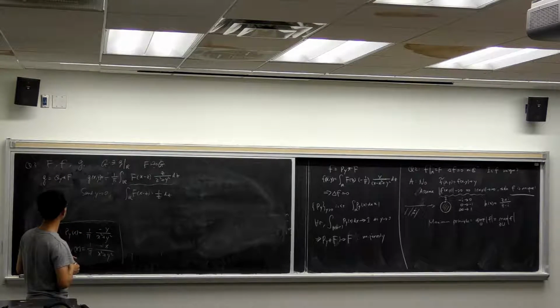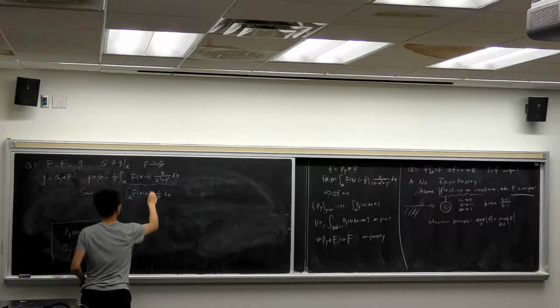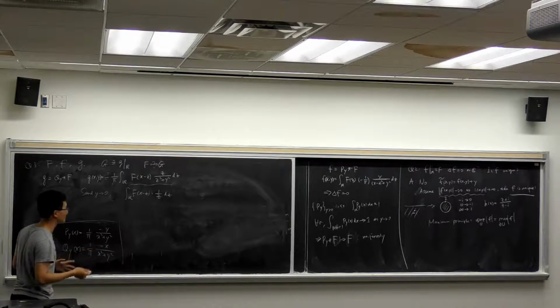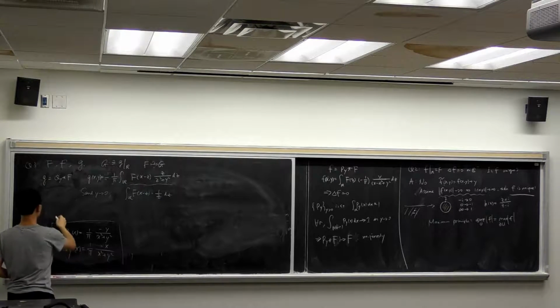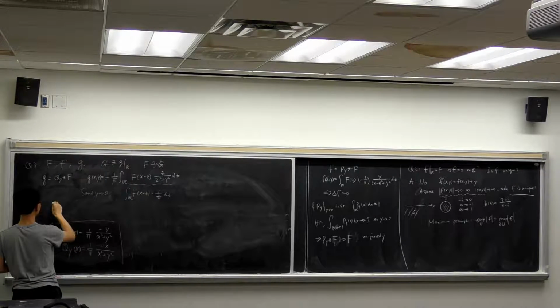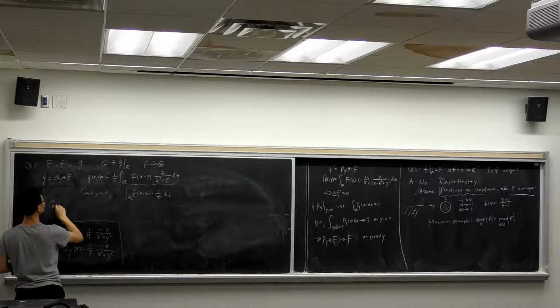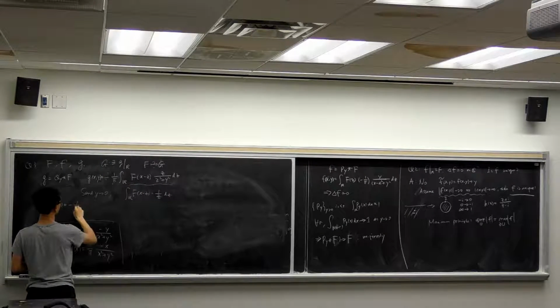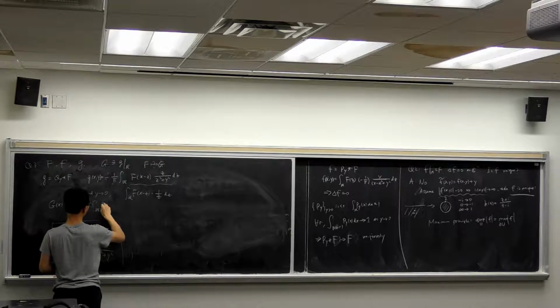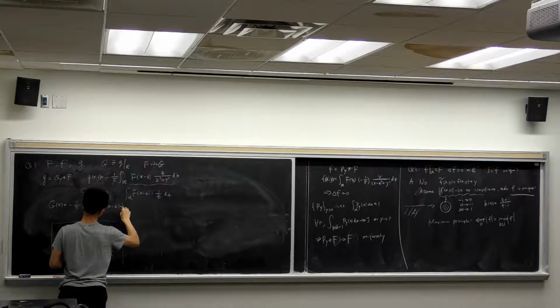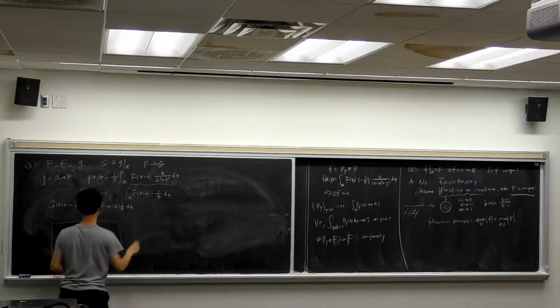So here is the miracle, although many of you might have already known. Let's define g(x) to be negative 1 over pi times the principal value of this integral dz.